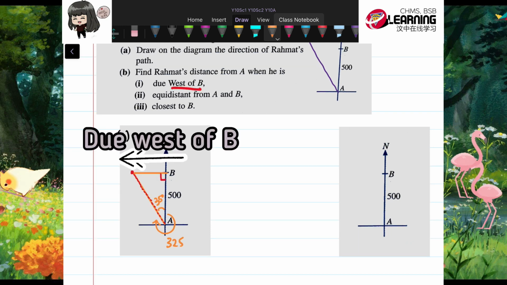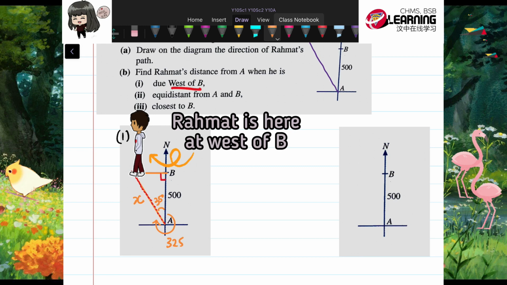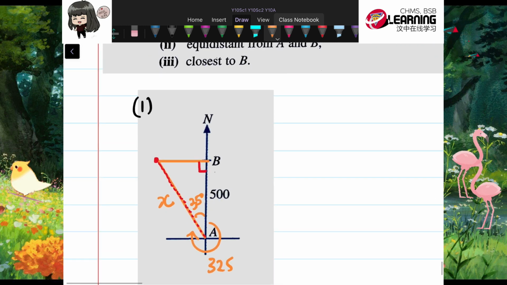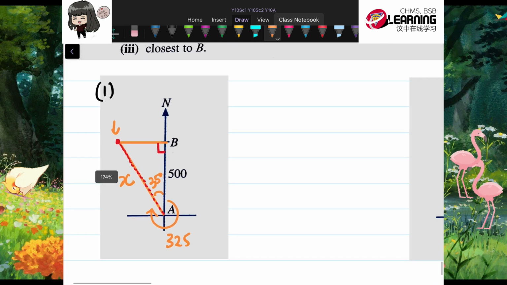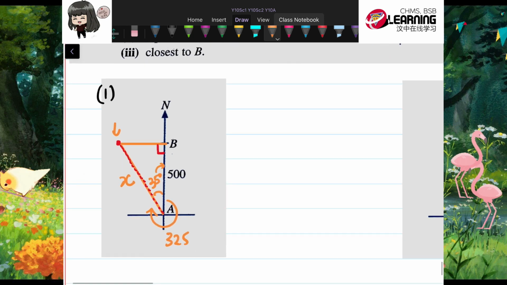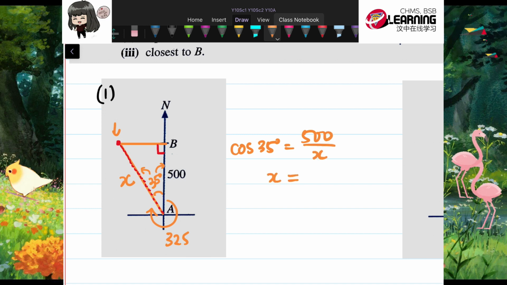We need to find this distance. I put it as X, because this X is the distance where Rama is walking from A until here. So this distance X, how do we find it? Adjacent and hypotenuse, so we use cos. So cos 35 equals adjacent 500 over X. So X is 500 divided by cos 35.